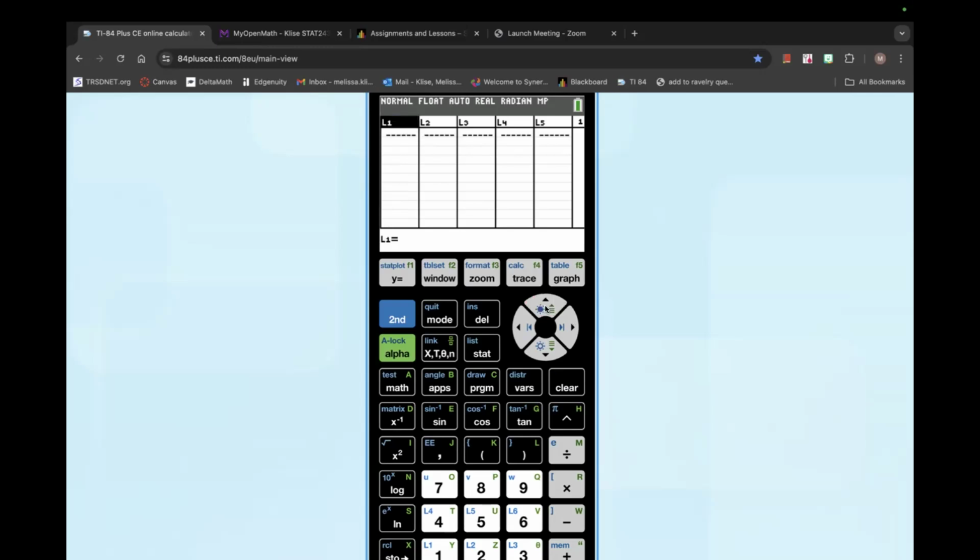If you hit delete, your entire L1 list will disappear and you'll be really sad. And then you'll say, Melissa, I lost my list. Can you help me? And then I will help you because I know how to get it back. But clear, enter.